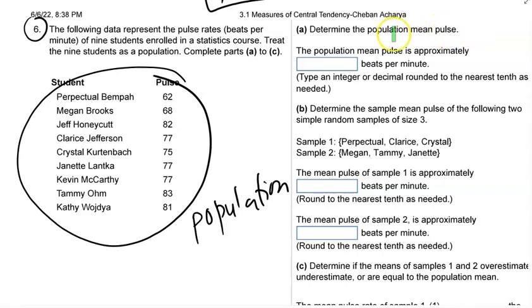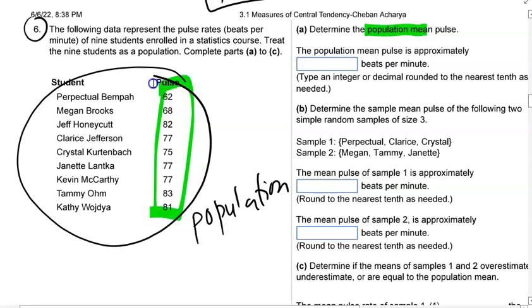You can use a calculator, or add all the numbers and divide by the number of data, and you get the population mean, which is 75.8. I'm not going to do that. You know how to do the mean.